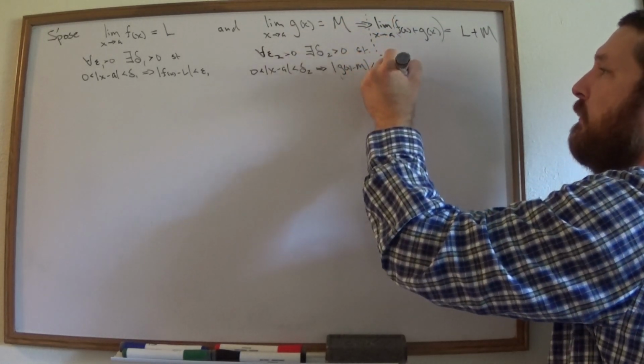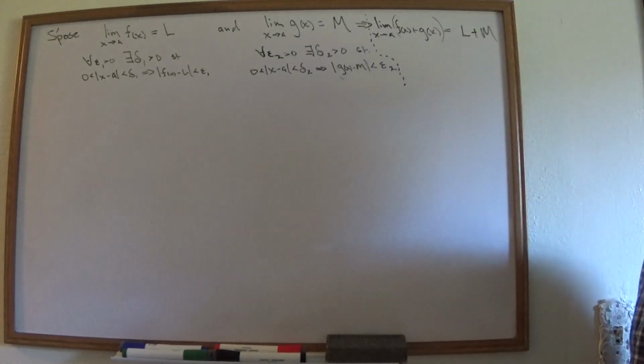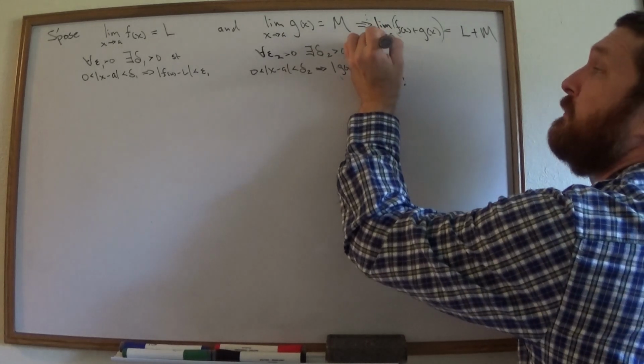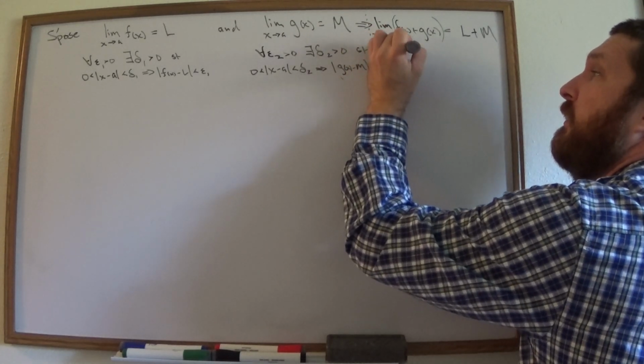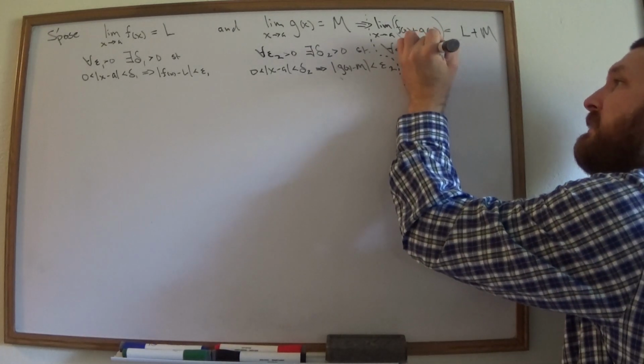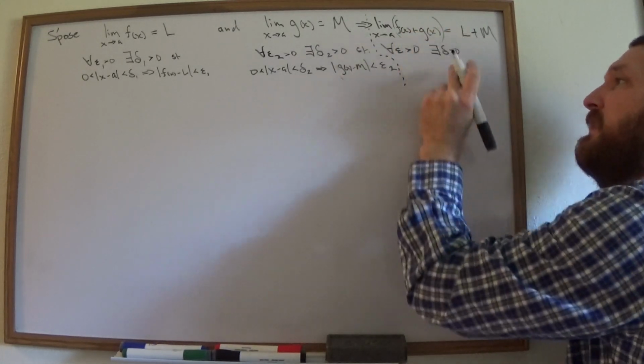So what do we need to show? Well, first off, we need to say, give me a tolerance. Any tolerance. Let's call it epsilon. We need to show that for all epsilons bigger than 0, there exists a delta. That's what we need to show right here.